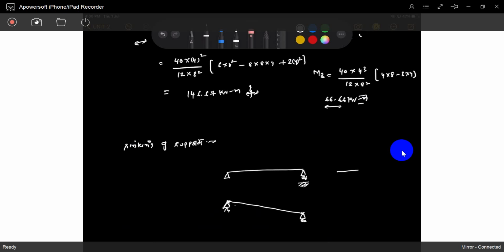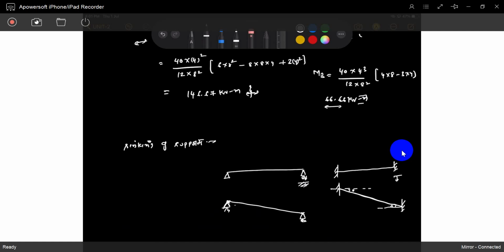But if it is a fixed joint, and the support is sinking, it will come like this. Observe, it has some slope. So a fixed support doesn't allow slope.